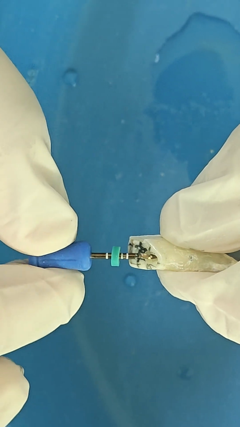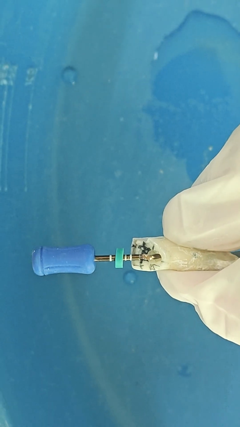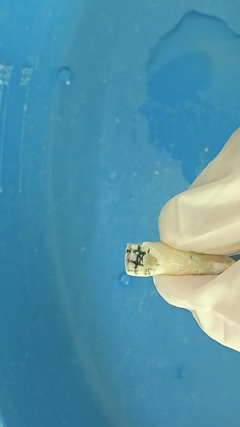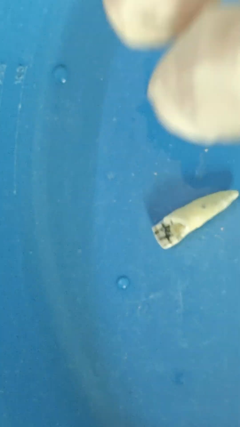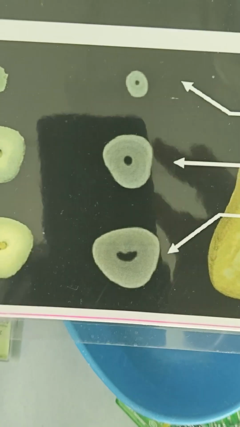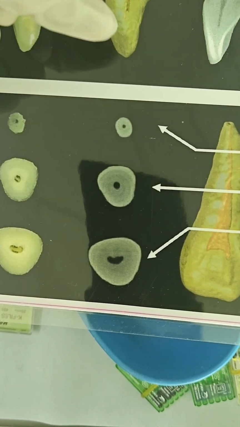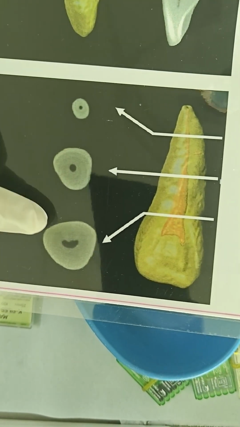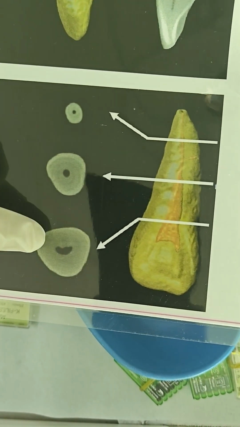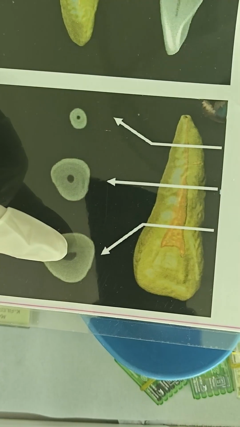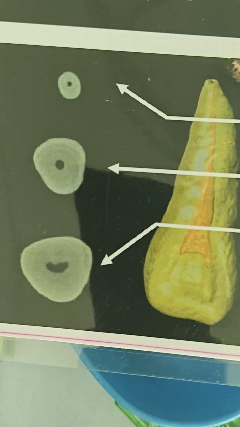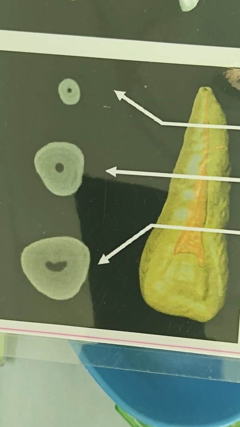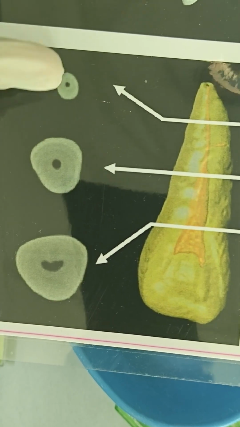This is the single cone technique, but the problem is that, as we discussed, the cross section throughout the root of the tooth is not uniform. In the coronal third it is ovoid. It's not exactly round, it's more ovoid, and then it becomes round and then it tapers down.